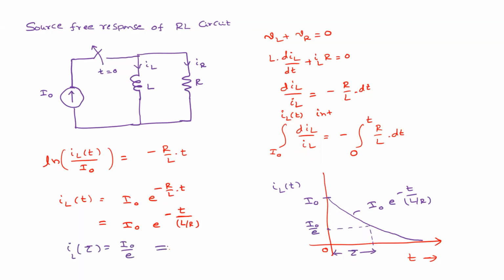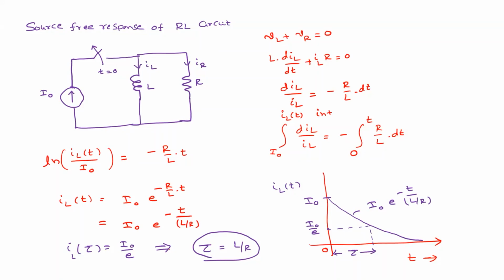So equate these two. What is the value of tau you will get? L by R. So instead of t, if you substitute tau, you get tau equal to L by R, which is known as the time constant of the RL circuit.